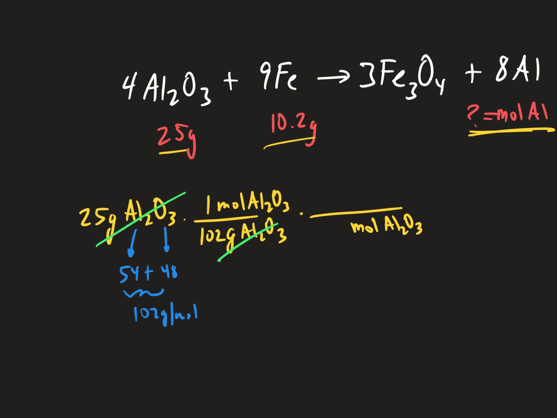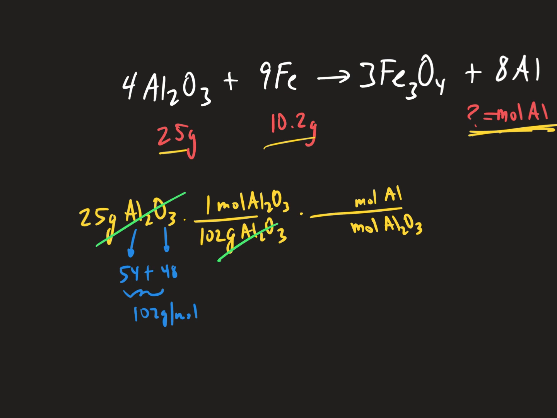So we can convert moles of aluminum oxide to what? Can we convert it to moles of aluminum yet? If you look at our mole roadmap, can we go from moles of one substance to moles of another substance? Yes, we can. So if you forget what you can convert to, watch that map, okay?